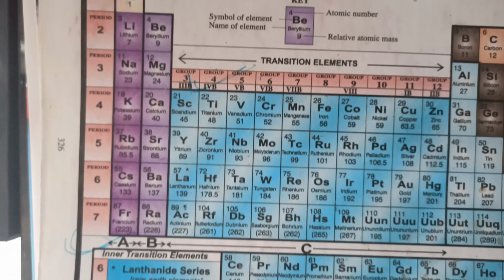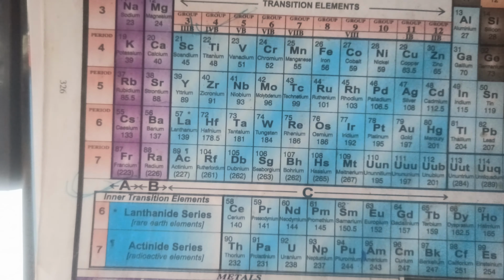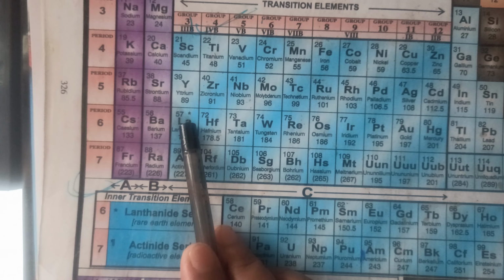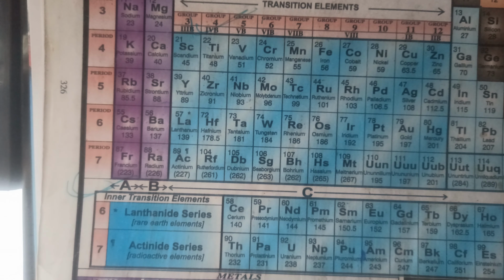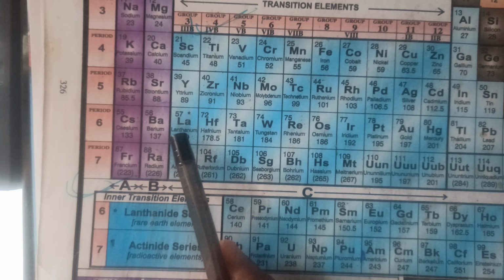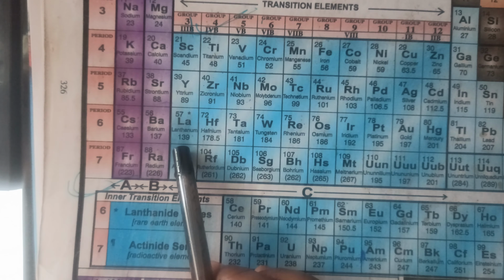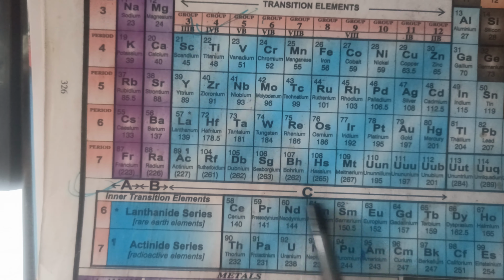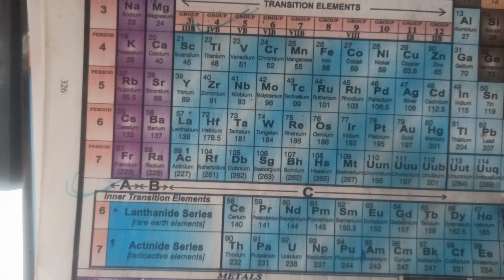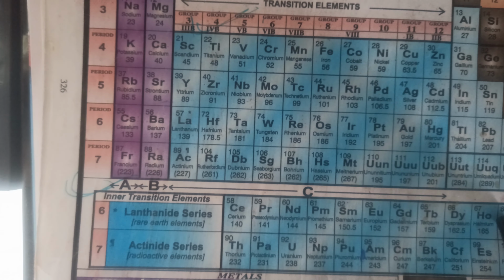they contain elements like, if you see period 6, group 3 has elements lanthanum starting from atomic number 57 to lutetium, atomic number 71. Lanthanum has been kept here in group 3, and the remaining elements from atomic number 58 to 71 are below in a separate series, which is known as the lanthanide series.